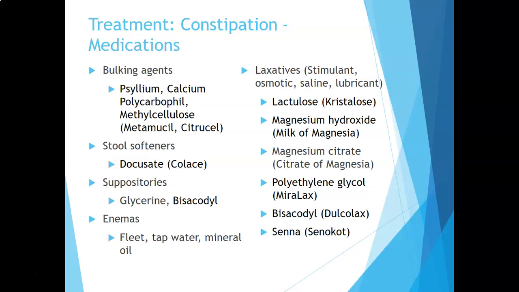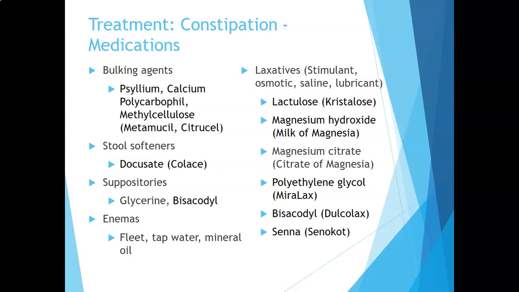And then saline laxatives, again, draw water into the intestine from surrounding tissues, which helps distend the bowel and cause peristalsis. Examples there are going to be magnesium citrate and milk of magnesia. Lubricant laxatives help lubricate the intestinal wall, allowing for smooth passage of fecal contents. Something like that is going to be mineral oil, might be in the form of an enema.